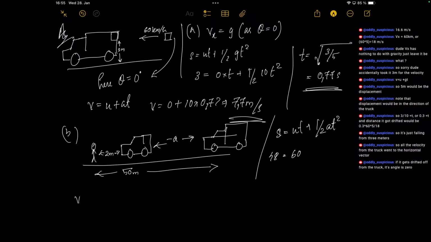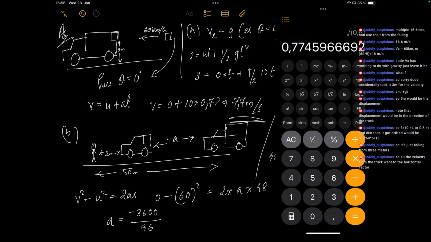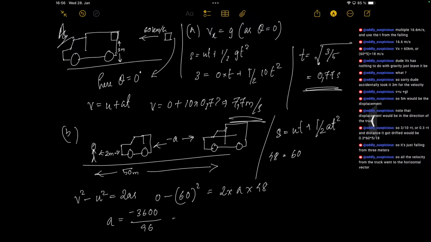Is it V squared minus U squared equals 2AS? 0 minus 60, 2 times A into 48. 37.5. Is that the answer though? I don't know.